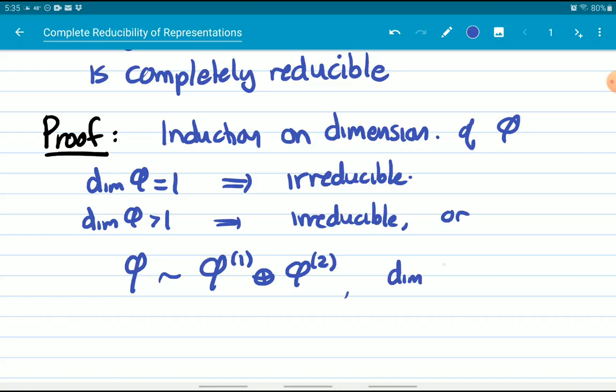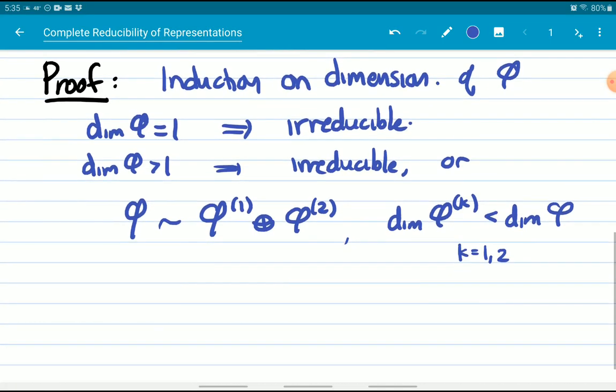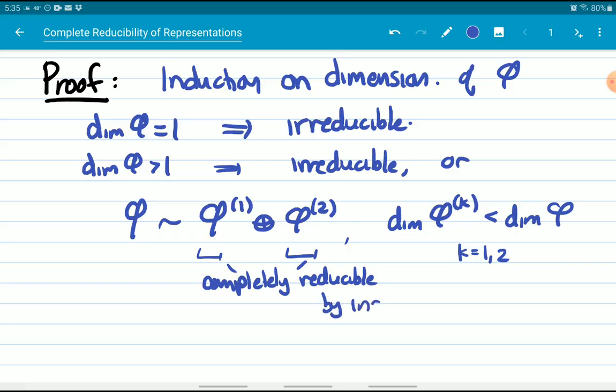And the key point is that both of these are going to have dimensions strictly smaller than the original representation. So by the inductive argument, these are completely reducible. And therefore the direct sum is.